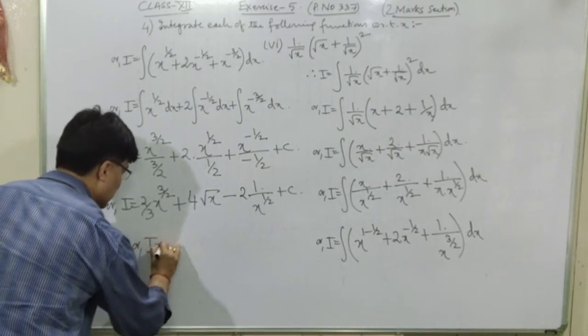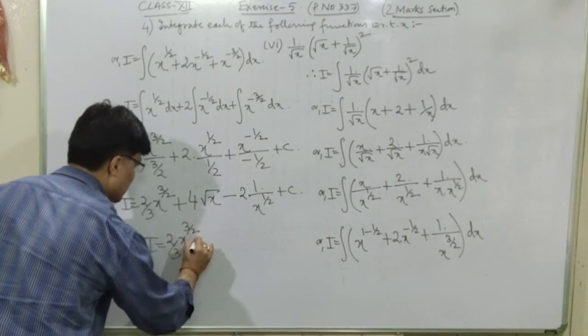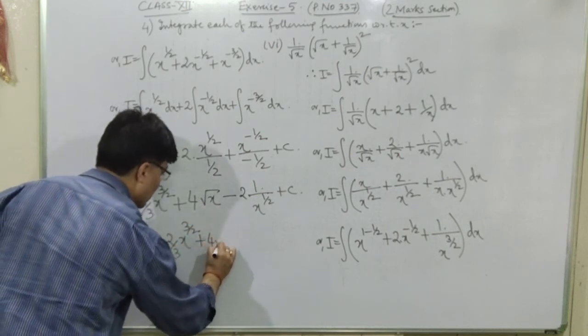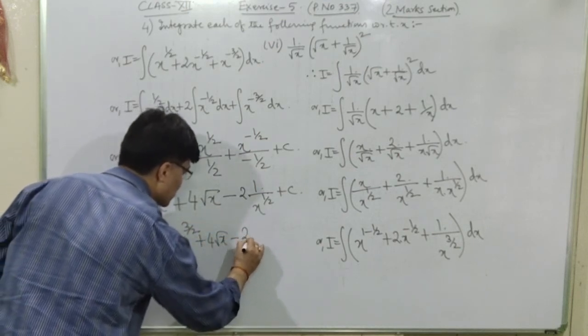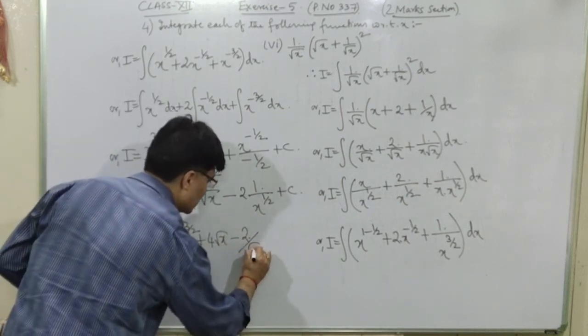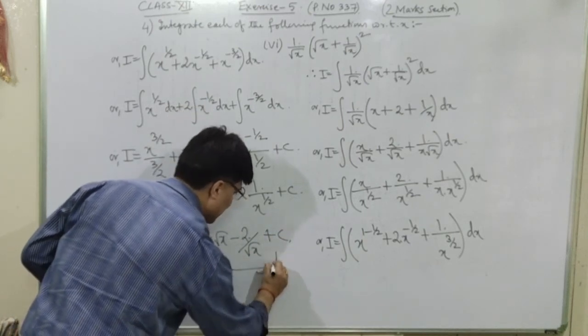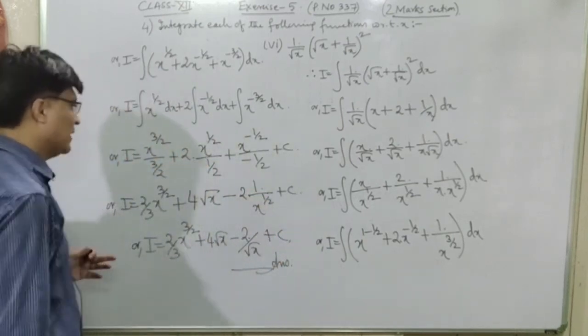Or I is equal to, the final answer is 2 by 3, you can keep it as it is, x to the power 3 by 2 plus 4 root over x minus 2 into 2 divided by x to the power half means root over x, 2 divided by root over x plus c. So this is the final answer.